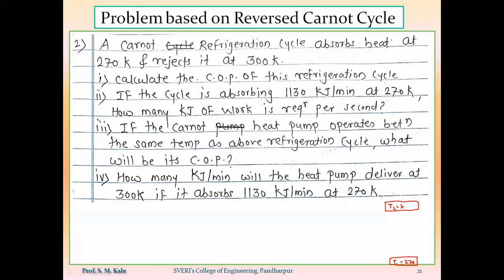To transfer the heat from 270 Kelvin to 300 Kelvin, we are using a refrigeration cycle as well as a heat pump. According to the Clausius statement, we should supply the work; then and only then are we able to absorb heat from the lower body temperature, and that heat will be rejected to the higher body temperature. Whether it is a refrigeration system or a heat pump system, the working principle will be the same.